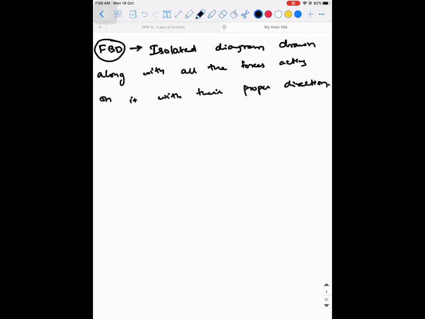Now I'm going to discuss a few kinds of reaction forces that we know. When you have a block which is placed on a floor, what are all the forces acting on it? mg.